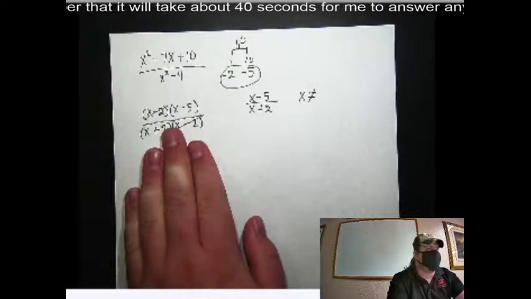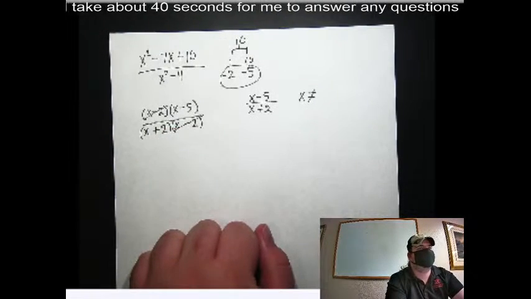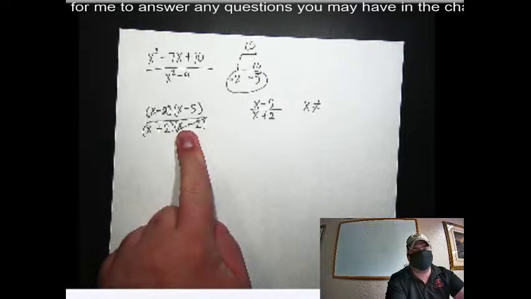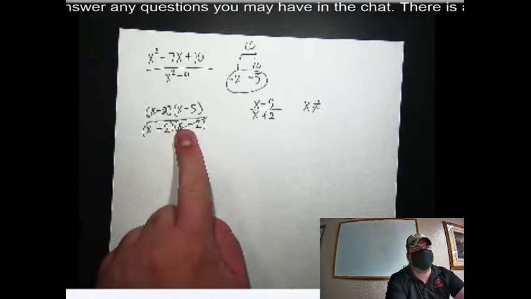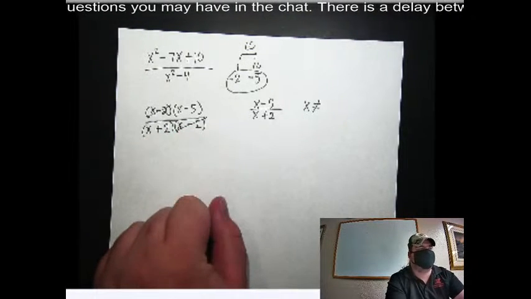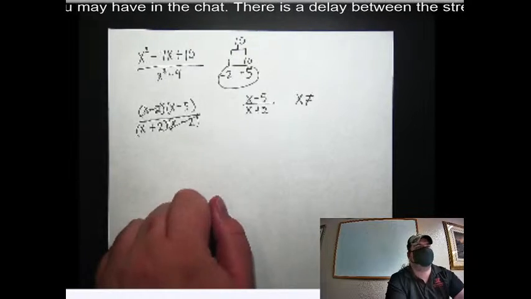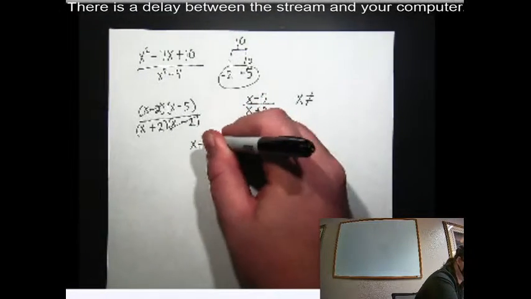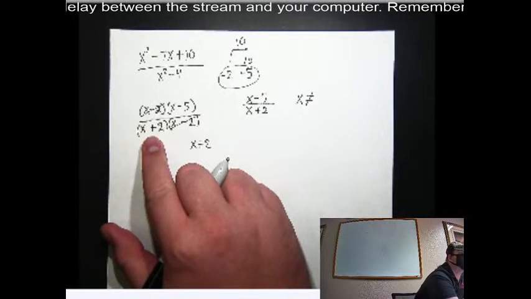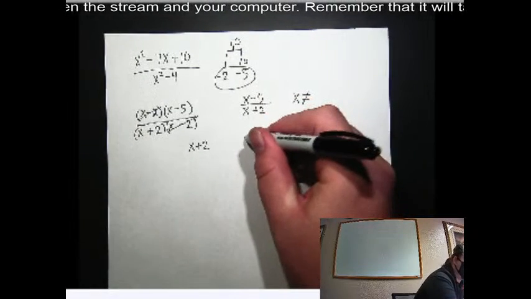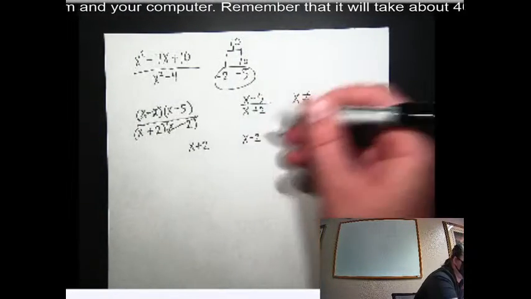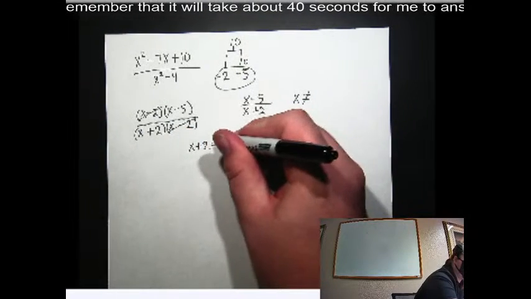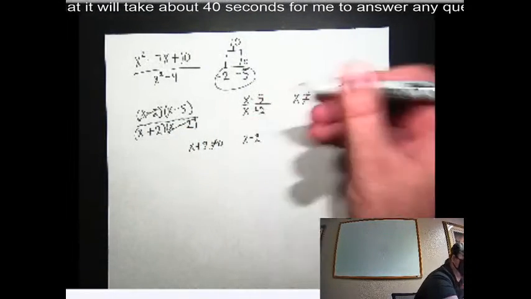So for that, we look to the bottom. And we say that if either of these factors were to come out to 0, if we plug something in for x, then the whole thing would become 0, and we don't want that. So we need to take x plus 2, this one right here, and x minus 2, this one right here, and say, well, neither of these can ever come out to be 0.